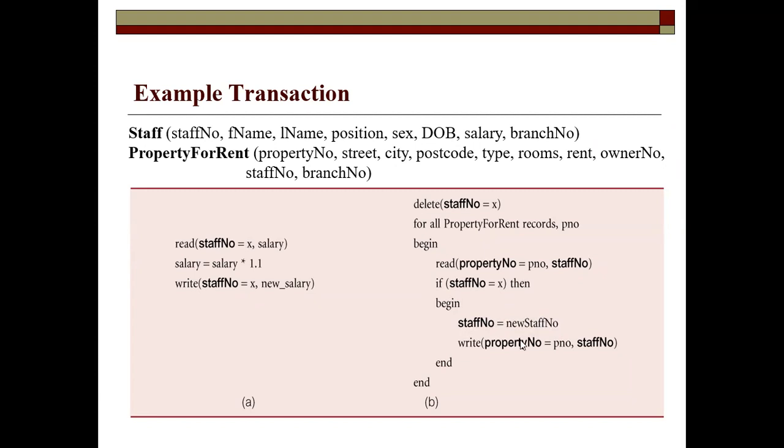And once we have done that, we would like to update that record such that, for example, if you have a property number, property 001, which is overseen by staff member X, we would like to change the staff number from X to Y and update that property number 001 is overseen by staff member Y, and then we end the transaction.